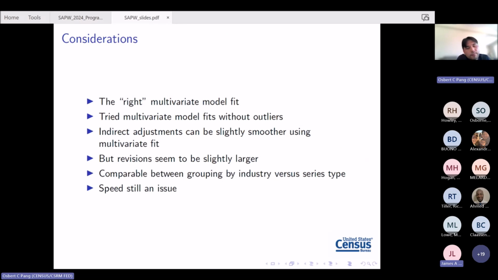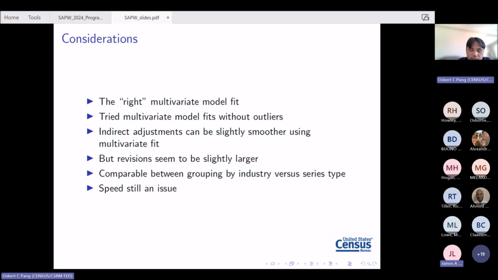So, considerations. One thing we grappled with a bit is what we should consider the right multivariate fit. Another limitation, if you will, is that we avoided adding outliers to this, which does mean that certain things may end up missing a bit.